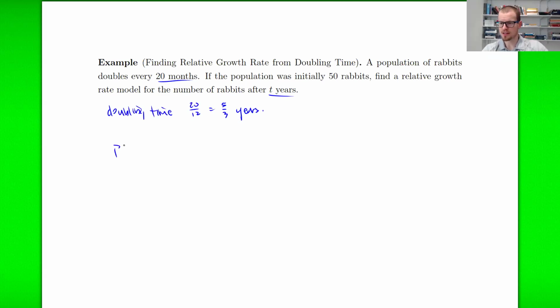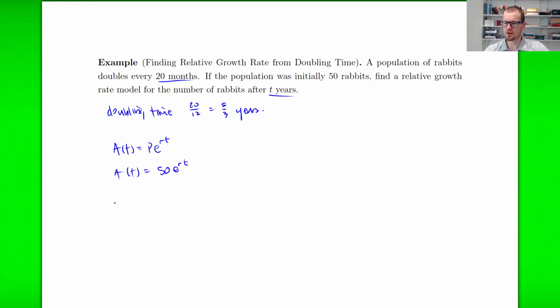We know that the relative growth rate model, A of t, is going to be P times e to the rt. And in this case, we have an initial population of 50 rabbits.